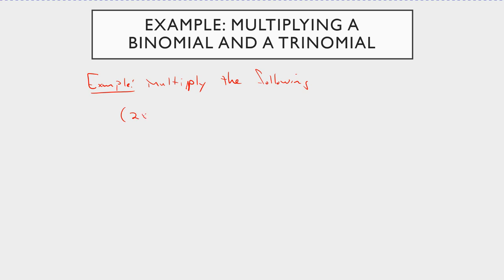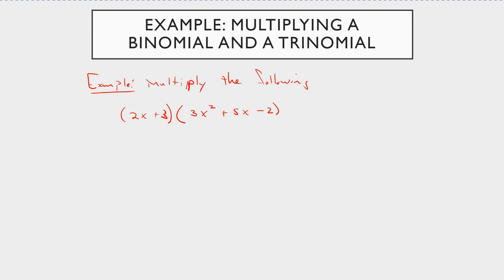Let's do 2x plus 3. That's a 2-termer, so a binomial, by a trinomial. So let's do 3x squared plus 5x minus 2.